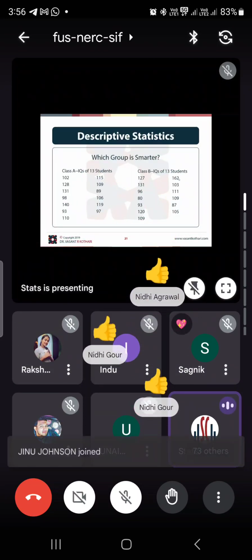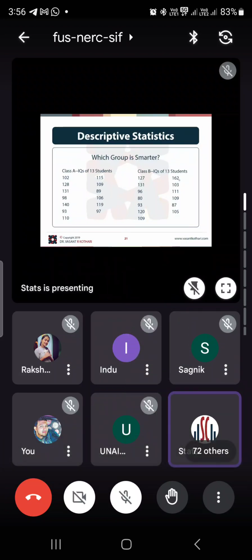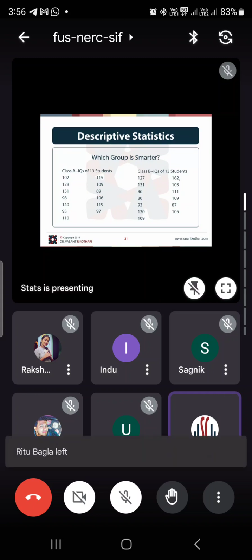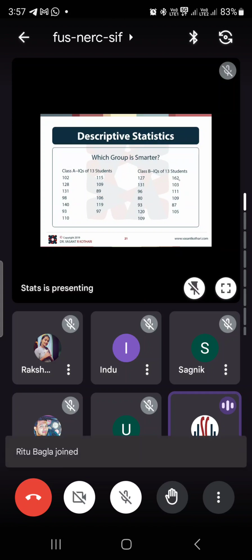Now see the example. We have the IQ for two classes of 13 students each. For class A, the IQ of 13 students is given to you. For class B, the IQ of 13 students is given to you. And now, which group is smarter?